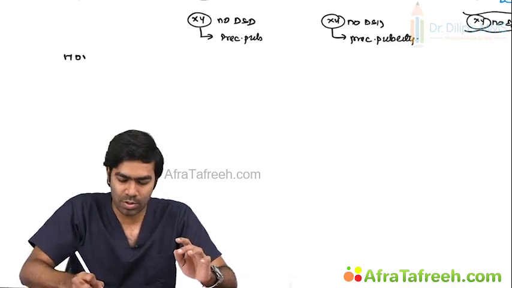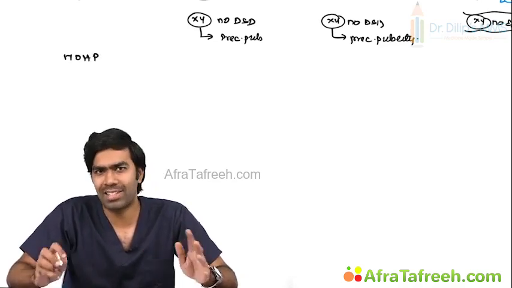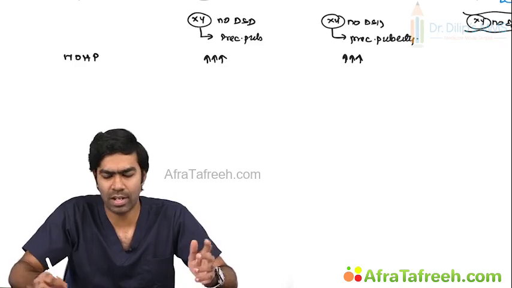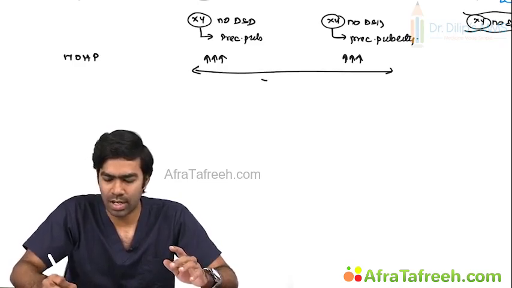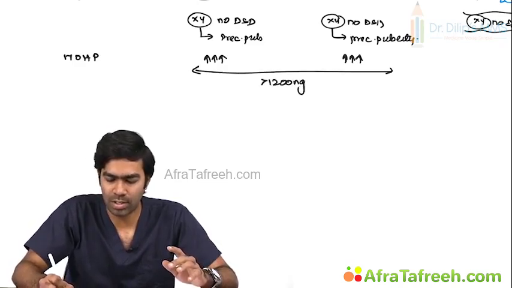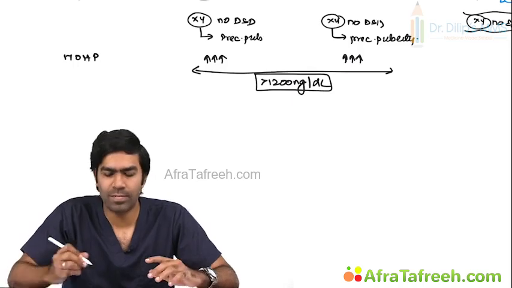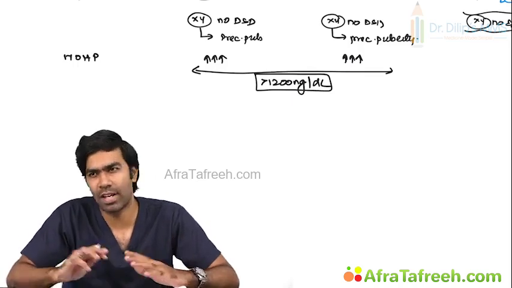And what will happen to the 17-hydroxyprogesterone levels? Remember, in classic forms, 17-hydroxyprogesterone levels will be extremely high, very, very high. Usually, the levels will be more than 1,200 nanogram per deciliter. Clear? So this is the usual range, very, very high range.